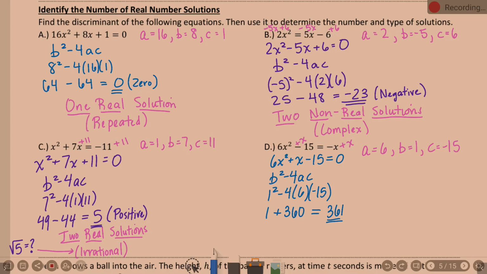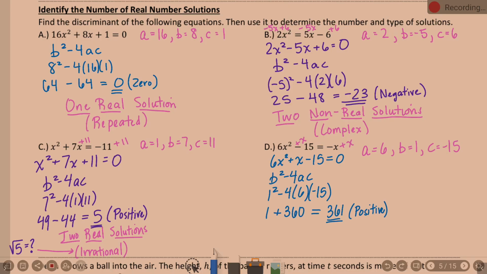Oh, I wasn't even going to go there yet. Before we get there, 361 is a positive value, yes? So because it's a positive value, what does my chart up at the top of this page tell me? There are two real solutions, yes? It's going to be plus or minus the square root of 361.